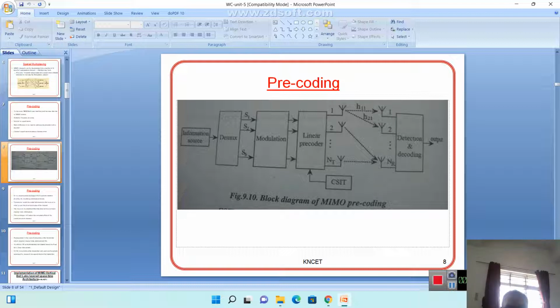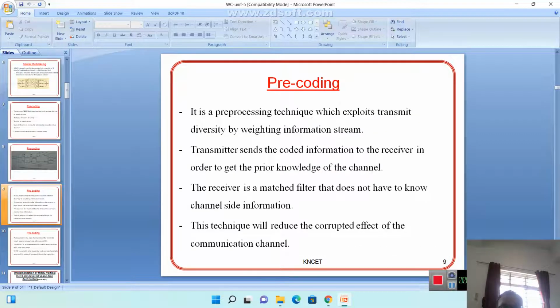The demultiplexer outputs go to a modulation block. The modulation block feeds linear precoder 1, linear precoder 2, up to T, and all of these outputs are the inputs of the pre-coding system. Then the transmitter sends the coded information to the receiver, in order to use prior knowledge of the channel from the pre-coding technique. The receiver is a matched filter that does not have channel side information. This technique will reduce the corrupting effect of the communication channel. These are all the pre-coding.